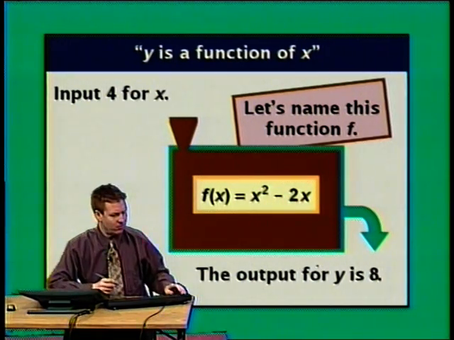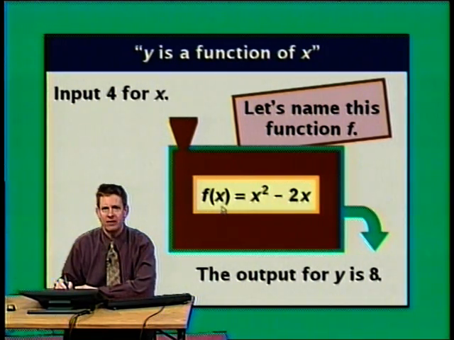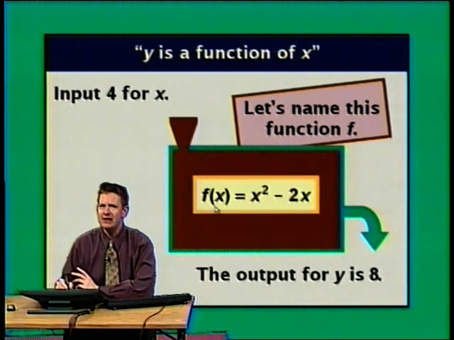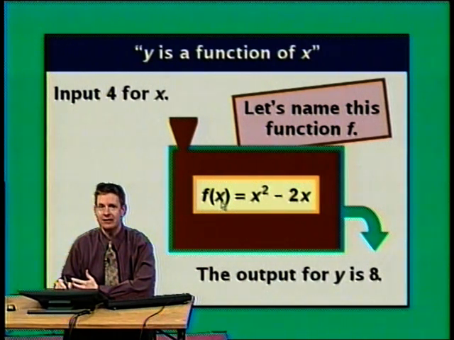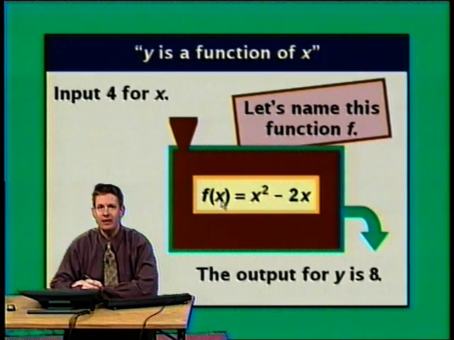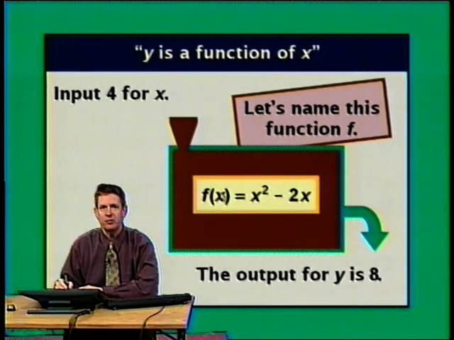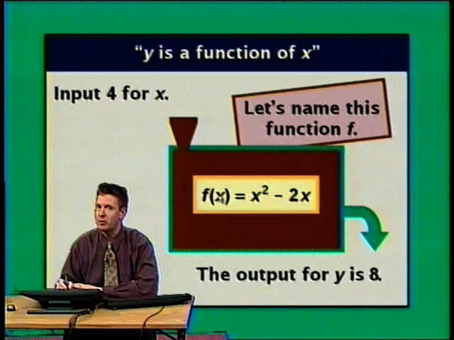Now, when this symbol came up, you may have thought I was going to say f times x. And that's a natural thought because to this point in Math 60 and 65, every time we've had an expression inside parentheses, we've thought of those parentheses as serving as grouping symbols that would indicate multiplication if some other symbol occurred before the parentheses. Here, the parentheses are serving a completely different purpose.